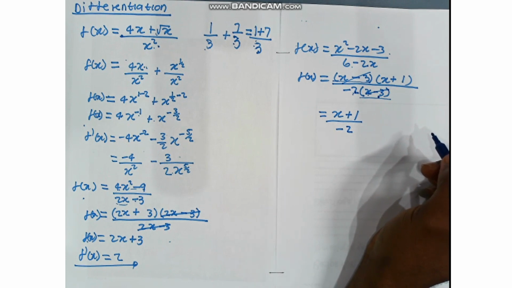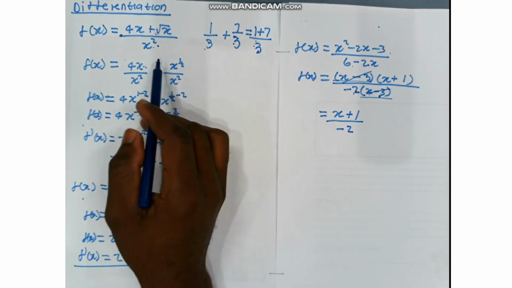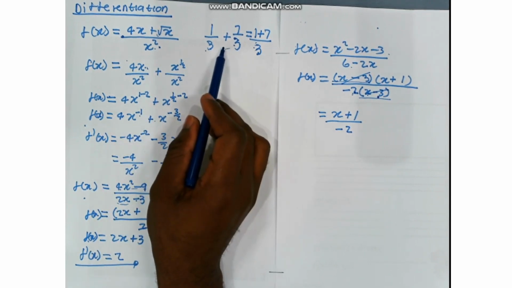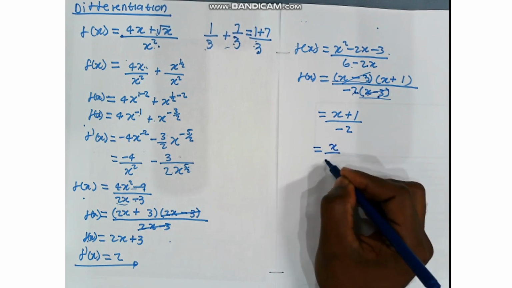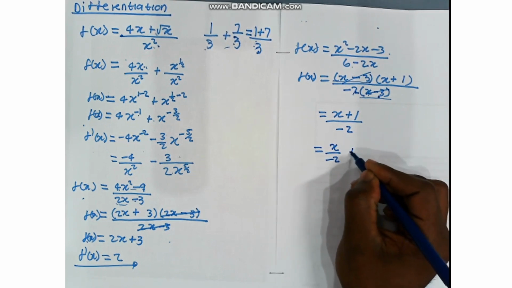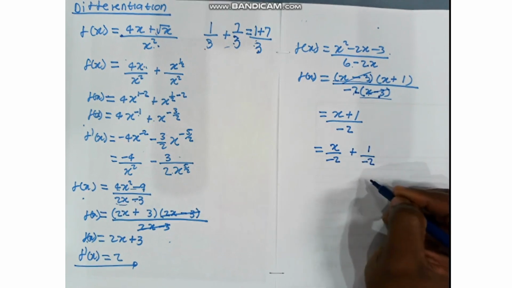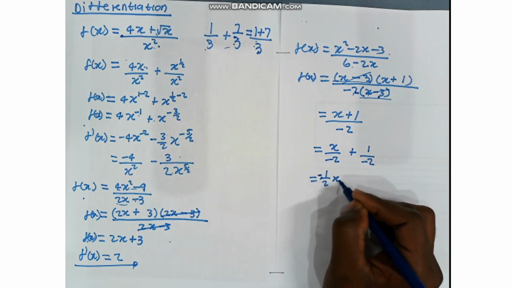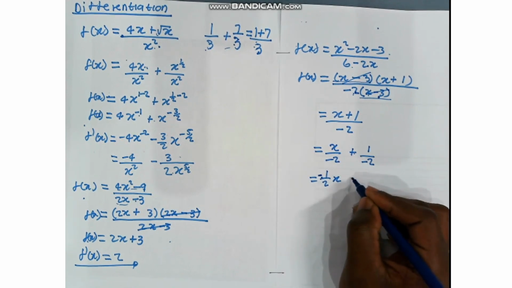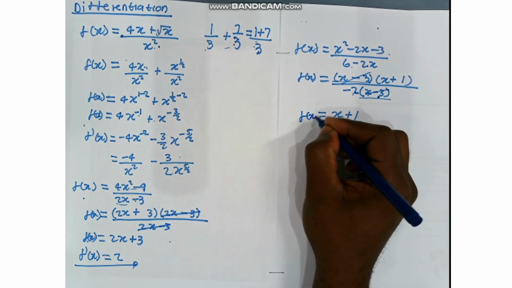I hope you do. Then from there, we can apply this form by just saying x into negative 2 plus 1 into negative 2. This thing is just the same as negative 1 over 2 x, and this times this is just negative 1 over 2. Still f at x.